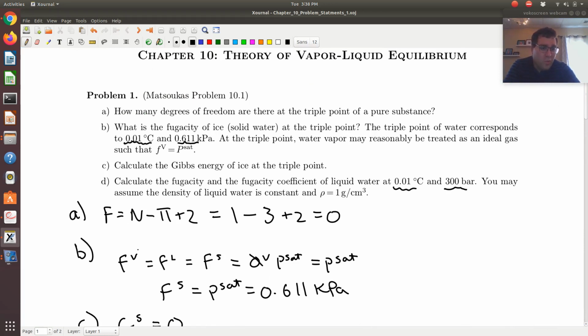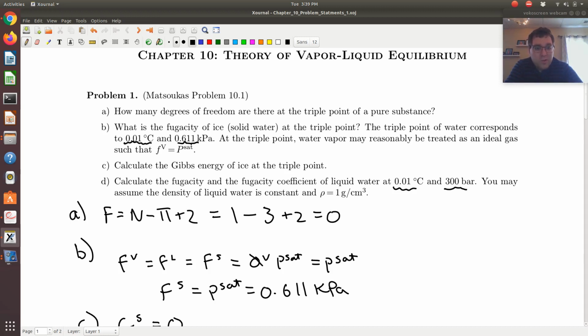Remember, the idea with Poynting correction is that it's rather straightforward. The key is knowing what it is, and then knowing the name Poynting correction is often attached to it. If you look back in our notes from Chapter 7, you need to be concerned about Poynting correction when you're at pressures much greater than saturation at that corresponding T. Here, PSAT is 0.611 kilopascals.